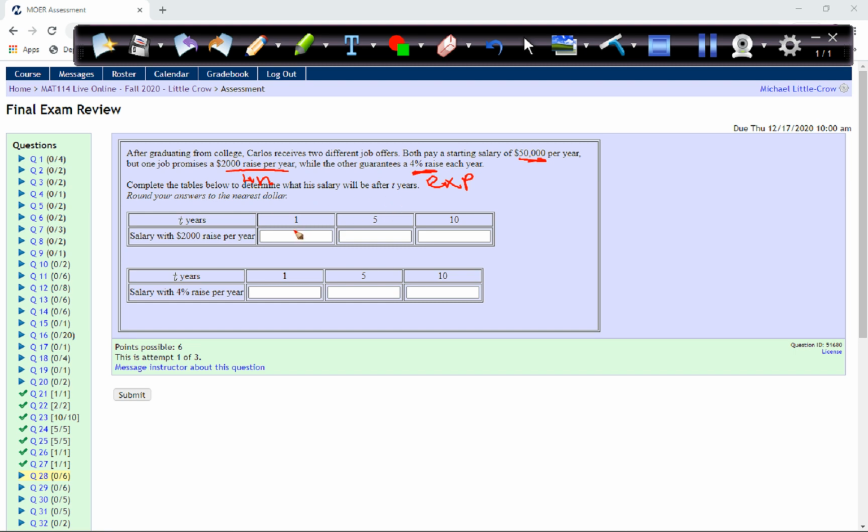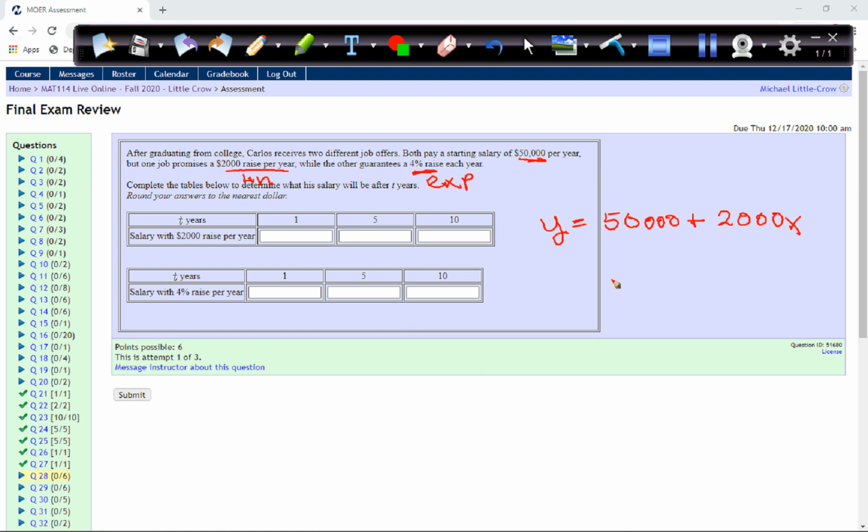Complete the table below. So for 1, 5, and 10, this is with the $2,000 raise. So again, it's going to be a linear equation. The salary starts at 50,000, and each year we're going to add 2,000. Here we go, 2,000 x, and x will be our years.